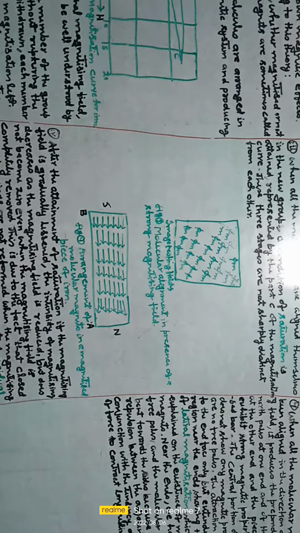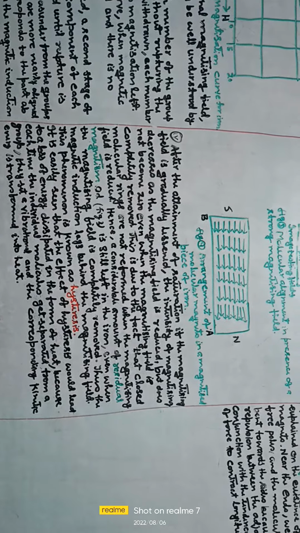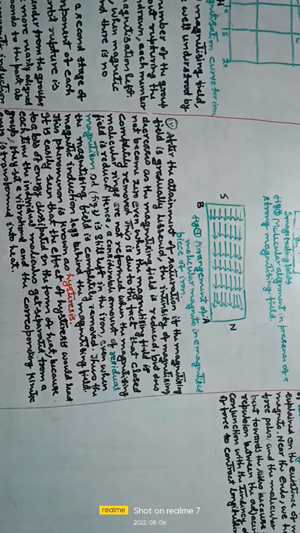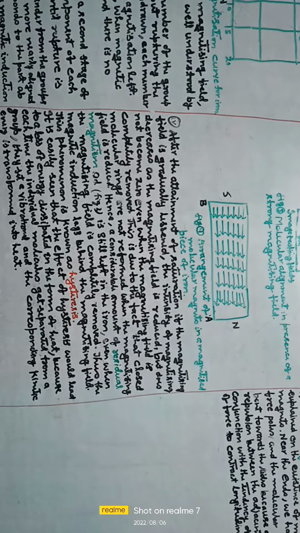Now, after the attainment of saturation, if the magnetizing field is gradually lessened, the intensity of magnetization decreases as the magnetizing field is reduced but does not become zero even when the magnetizing field is completely removed.